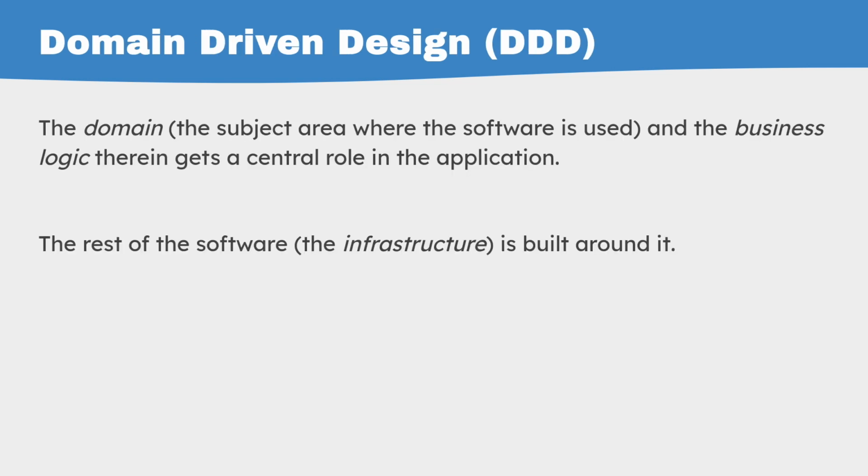Well, you're going to do DDD, in which the domain, the subject where the software is used, in my examples creating a recipe website, means you would speak in the language of recipe makers and cooks and stuff like that. And maybe publishers, because you're publishing your recipes. And the business logic in that domain gets a central role in the application, and the infrastructure is just built around that and is pushed to the side.